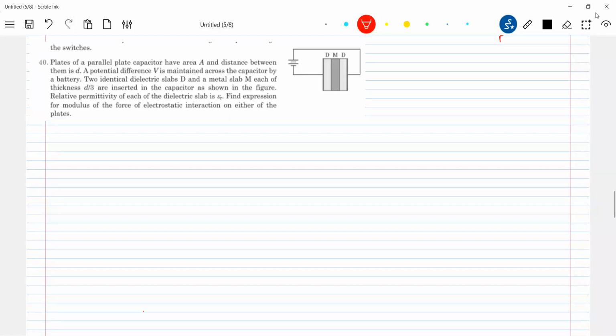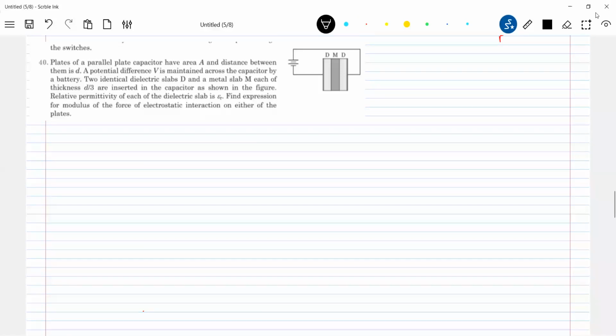Already I think we have discussed, if a capacitor connected isolated charge capacitor, force of interaction when you put a slab, and when it's connected to battery, then what will be that one? So here metal. So what will be the capacitance due to metal? Similar to like a wire. So shall I say it's like two capacitors with separation d/3 are in parallel or in series.